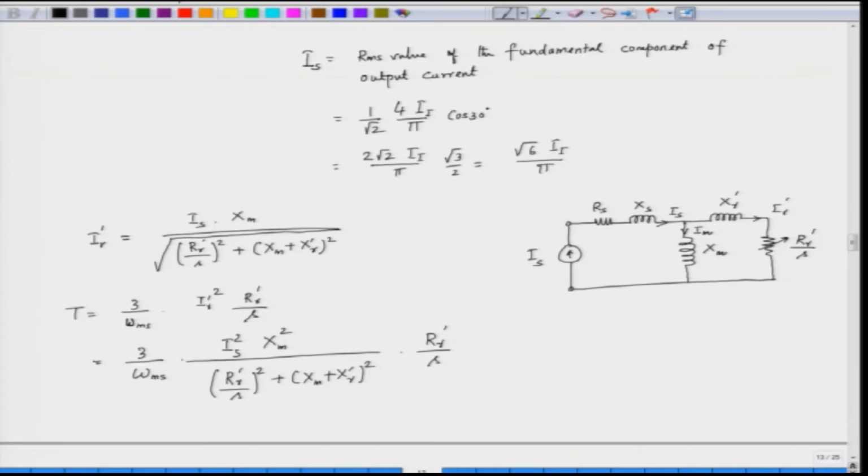Now, we can find out what is the slip for the maximum torque. Since this is the expression which gives the torque as a function of slip, we can find out the slip for maximum torque.